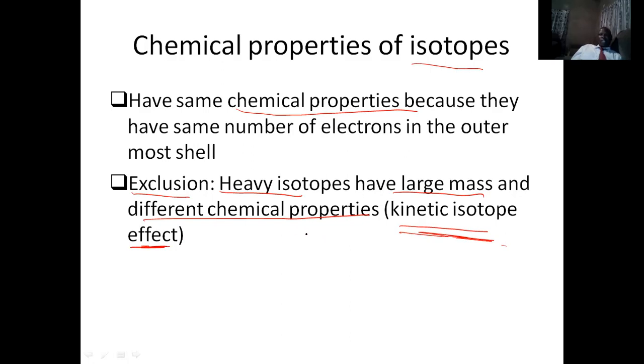But generally at O level, isotopes have the same chemical properties, because they have the same number of electrons in the outermost shell, and the reaction is dependent on the number of electrons.